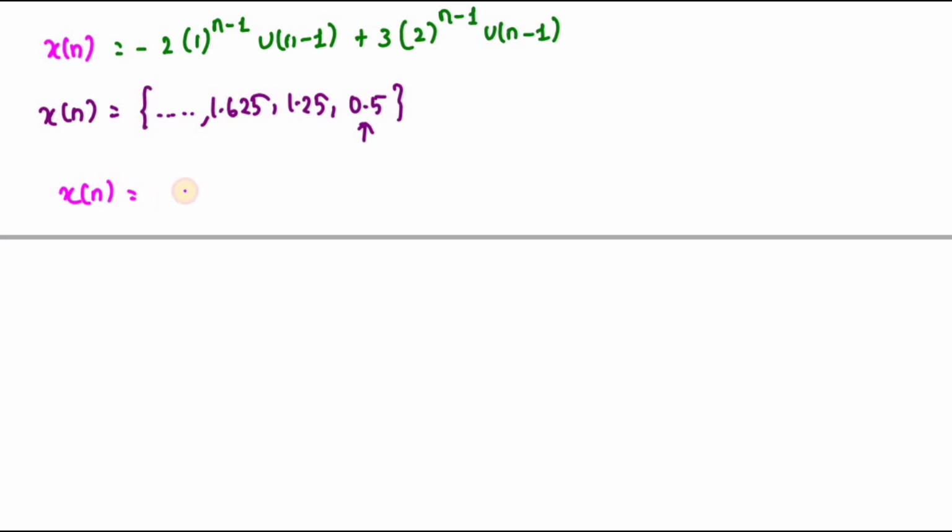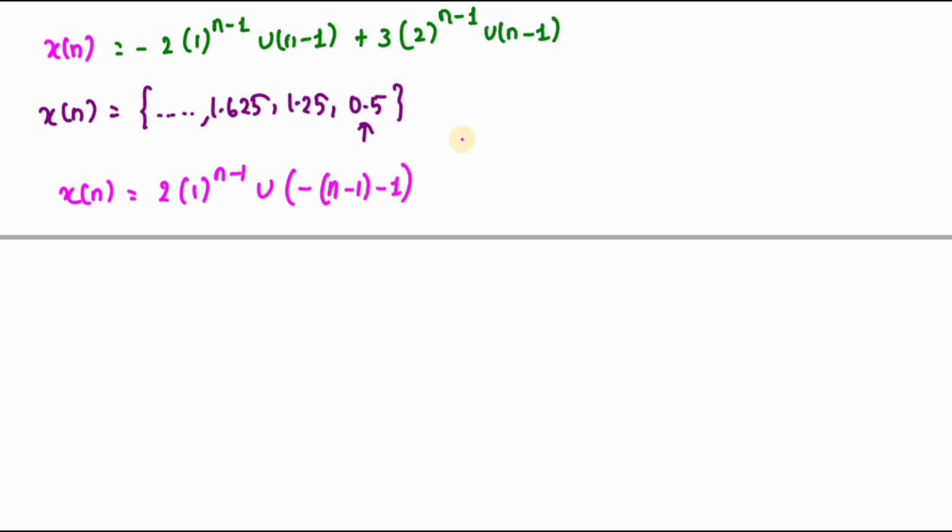Okay, then instead of u of n, here you have to write it as u of minus n minus 1. But already you are having n minus 1 here. So you have to write this one as n minus 1 minus 1.